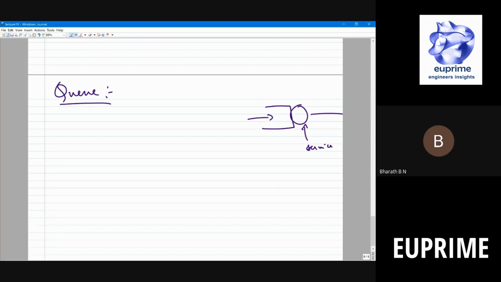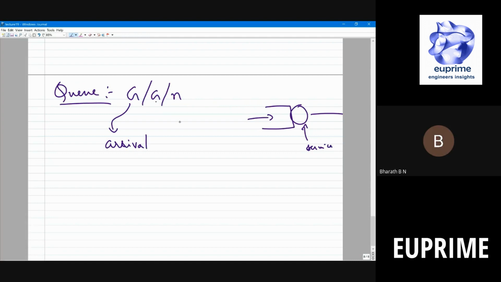Maybe the queue is one, but there are 4 counters, so I need to describe that. Generally the way people describe these is through what is known as Kendall notation. I'll write this as G/G/N. So what does this describe? Arrival.